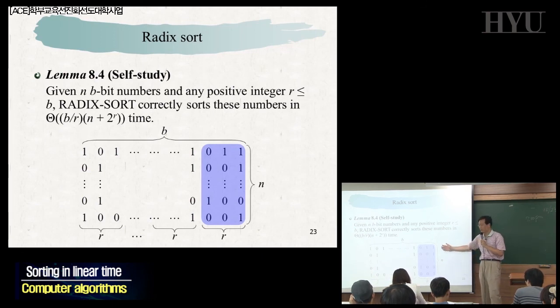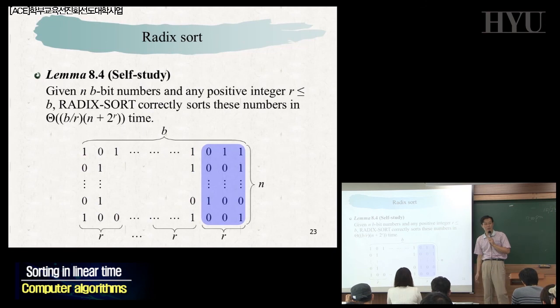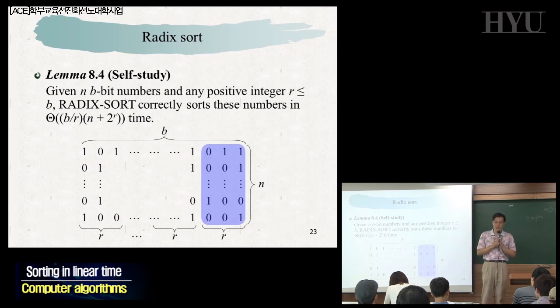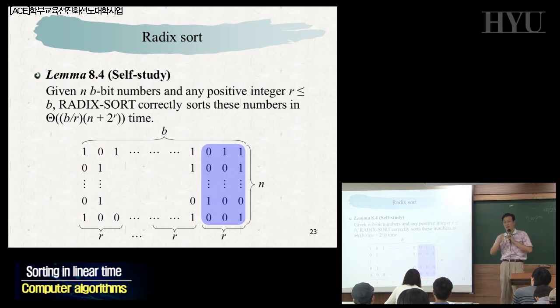Then n is fixed. N is the number of values. And let's think the longest integer can be represented by b bits. So b is the maximum number of bits. Then we can divide the bits by r bits.